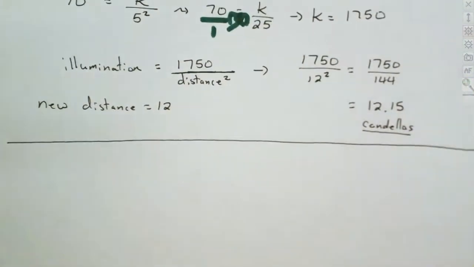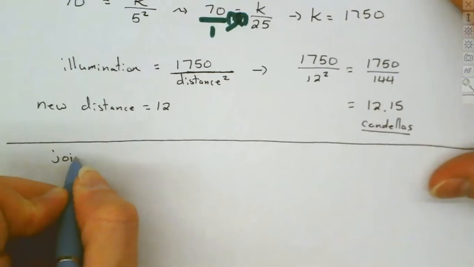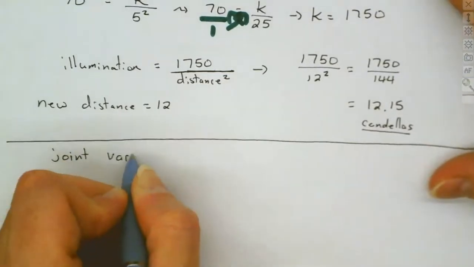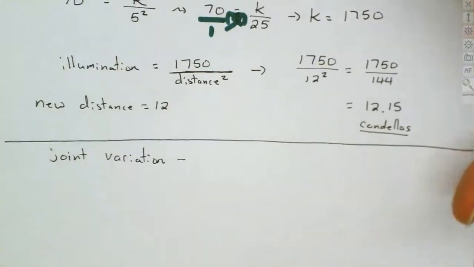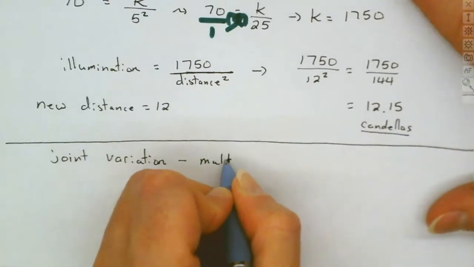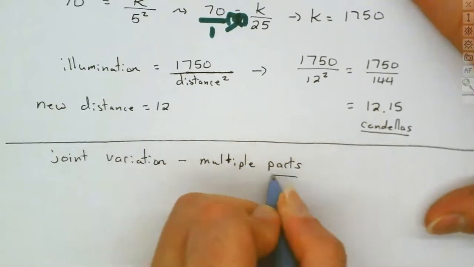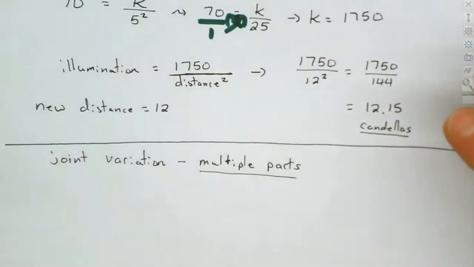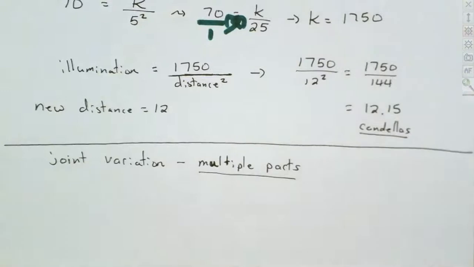That was inverse variation. Now we're going to look at joint variation. And when we talk about joint variation, we have multiple parts or multiple variables. So when we talk about joint variation, we're going to have multiple parts working together.